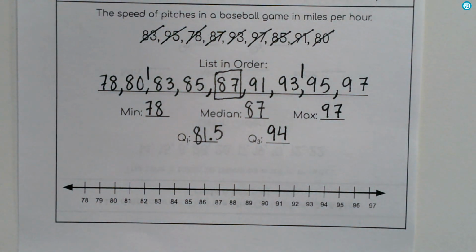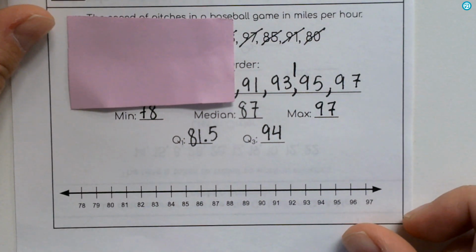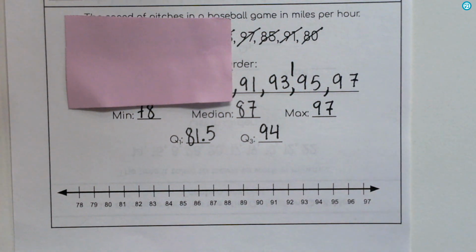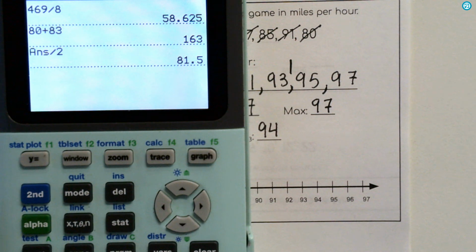Okay. Any questions about finding our 5 numbers? Any questions about any of those numbers? So, because it's halfway in between 93 and 95, I did the 94 in my head because since they're 2 apart, I know 94 is right in between.